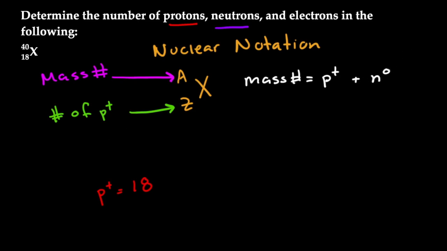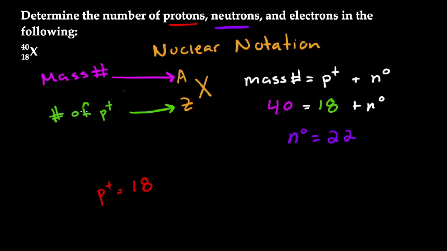We already know there are 18 protons, so I'm going to put 18 here, plus the neutrons, and the mass number is the A number, which is 40. We can solve this for N, and the neutrons are equal to 22. So we have 18 protons and 22 neutrons.